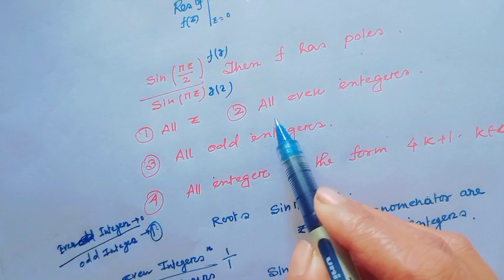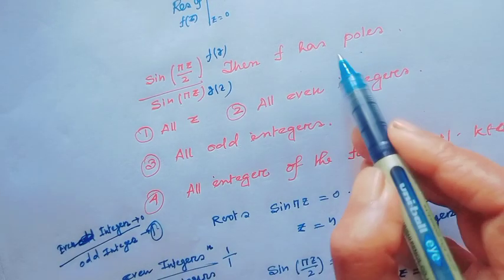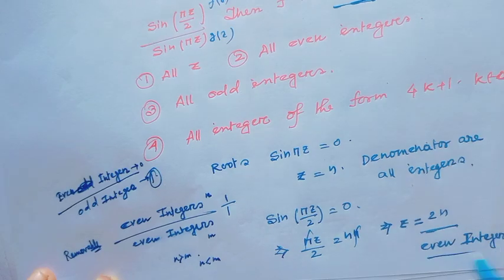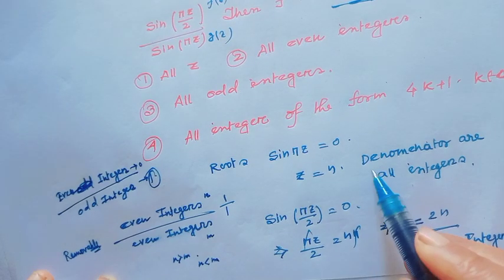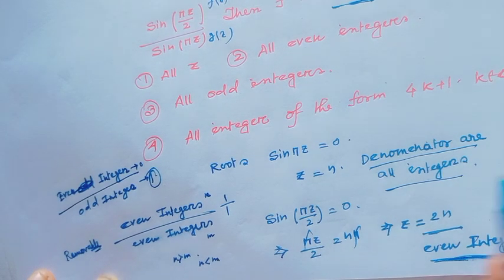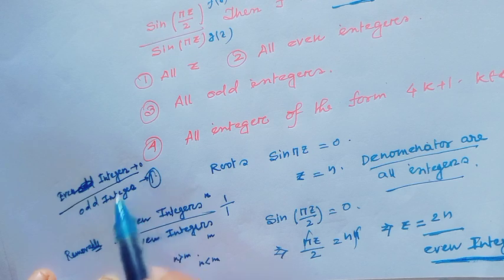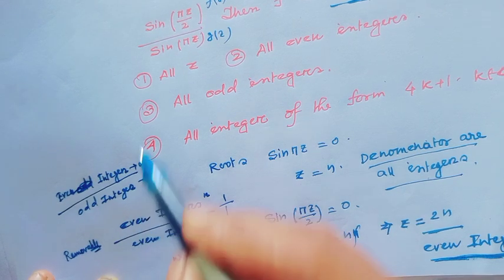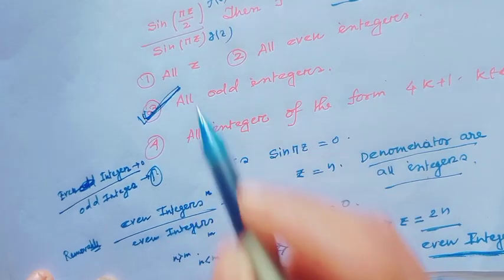Here a pole exists because the numerator is zero at even integers and the denominator at all integers. When the denominator point is an odd integer, then the pole exists. Option 3 is the right option.